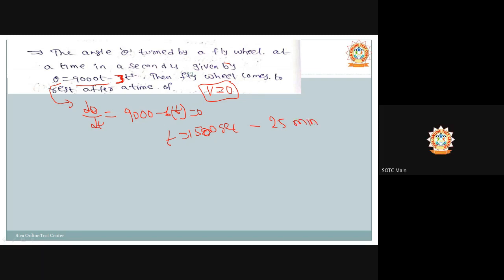It's 25 minutes. How many seconds for a minute? 60 seconds. 60. So 1500 by 60 will come what? 25. 25 only, right? Then one said 15, right? Karthik. Yes, sir.